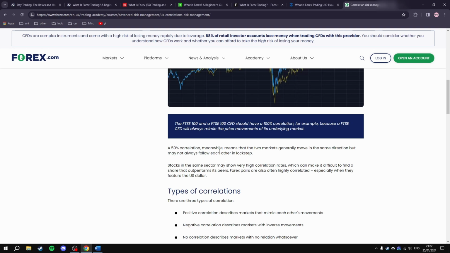Stocks in the same sector may show very high correlation rates, which can make it difficult to find a share that outperforms its peers.